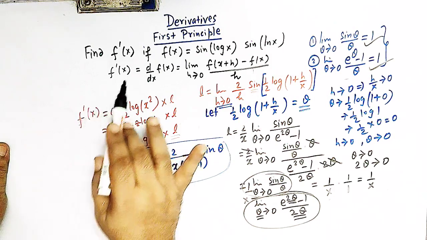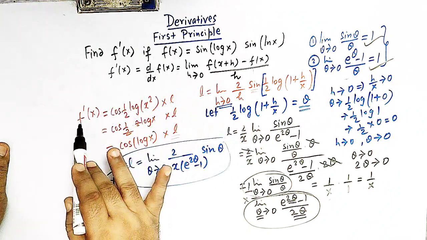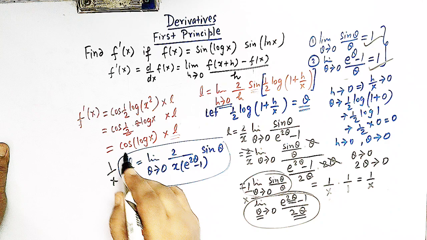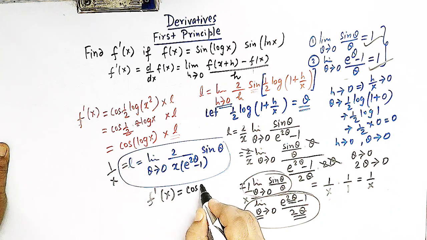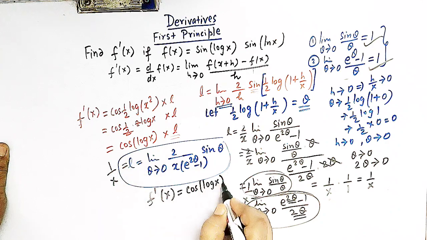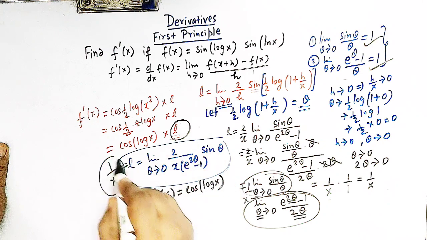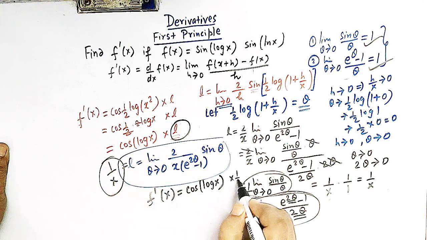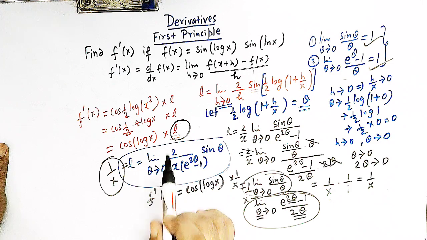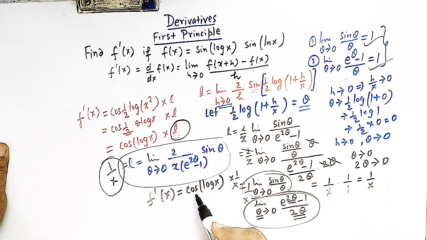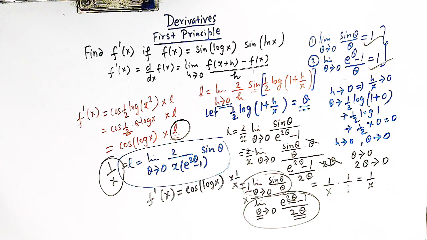So now the derivative of f of x is given by f prime of x, and here we have cos of log of x, and here we have L, and L is equal to 1 over x, right? So the derivative of sine log of x is given by cosine log x divided by x.